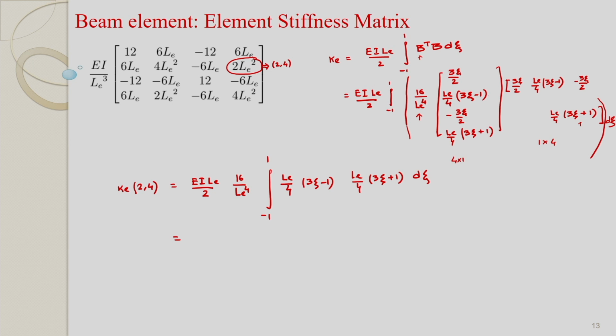Now, if you see this 16 will be cancelled by this 4 and 4, then there are 3 Le, altogether there will be 1 Le in denominator. So, it will be EI by 2 Le.